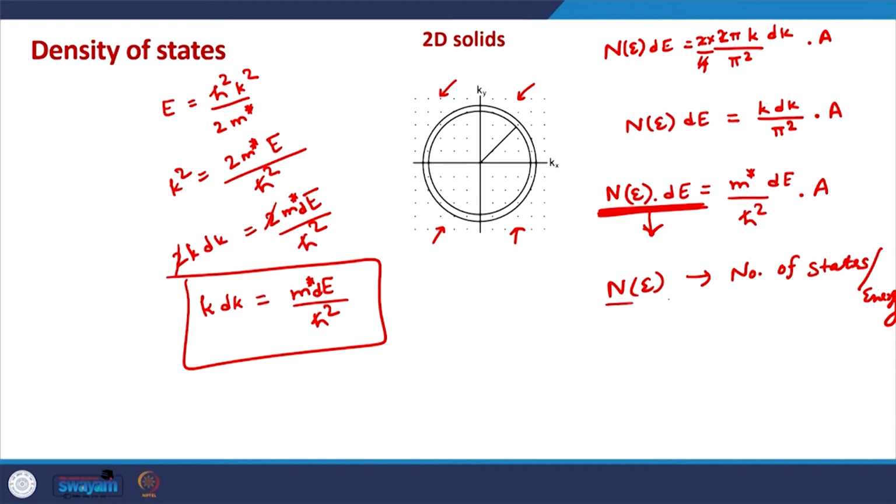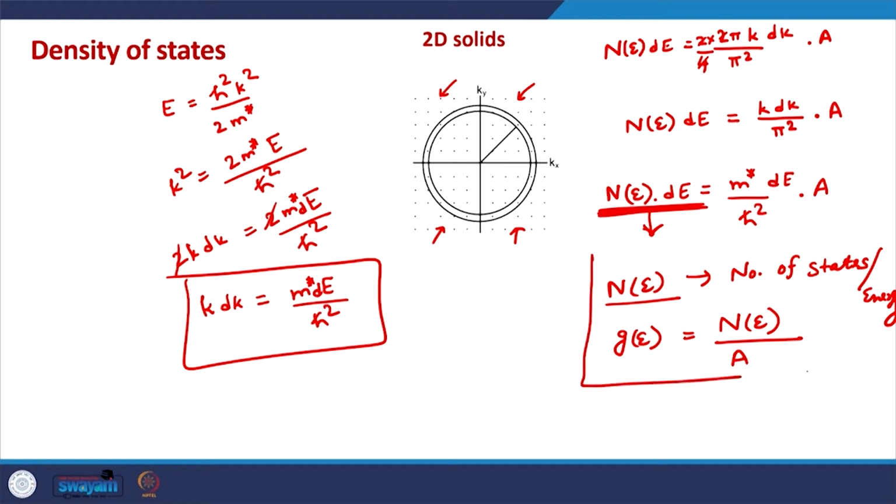So, Ne is the number of states per unit energy, and the density of state, as we saw for the 3D case, will be the number of states per unit area per unit energy. So, this will be Ne divided by area.